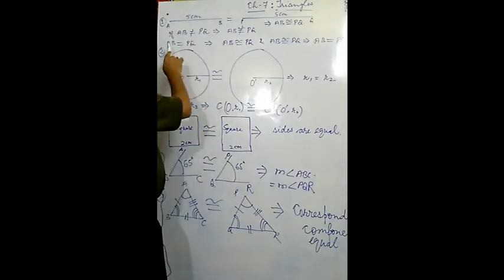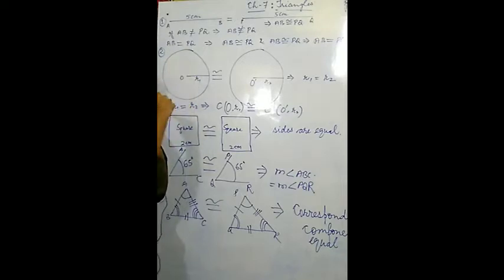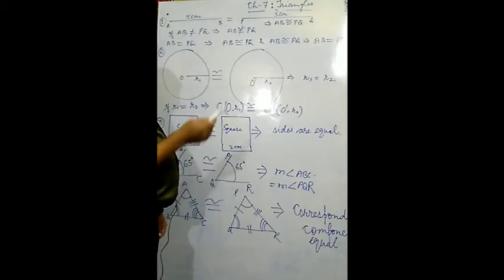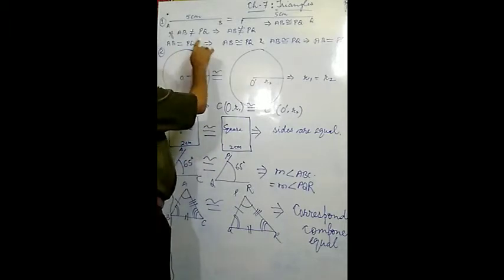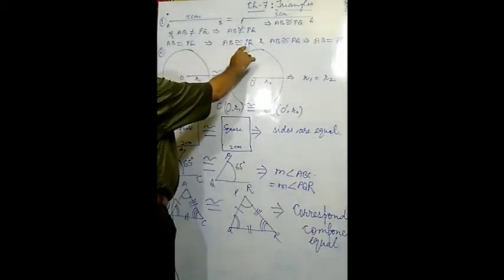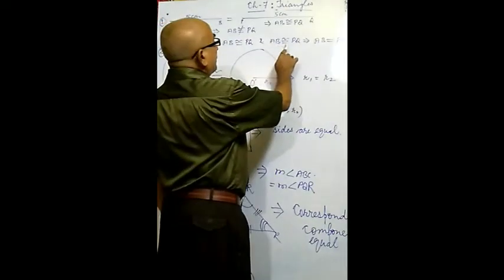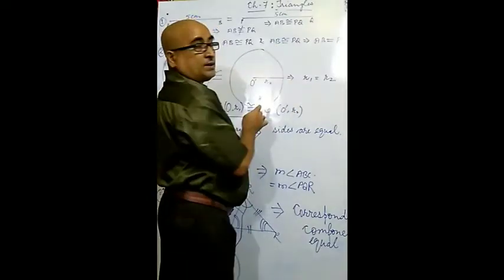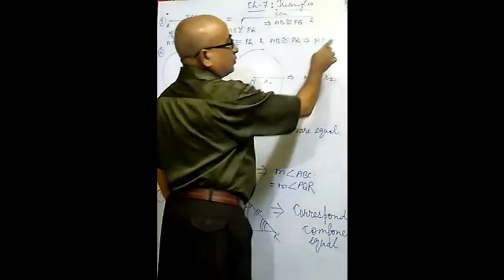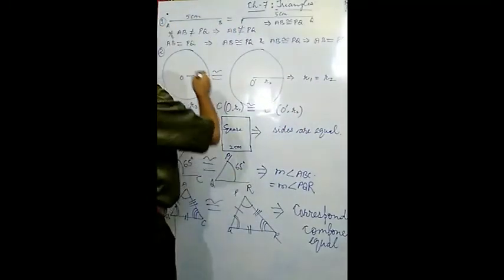Now follow the meaning. If AB equals PQ, what can be concluded? If AB equals PQ, this implies AB is congruent to PQ. If it is given in the question that AB is congruent to PQ, the meaning of this is AB equals PQ. Once again, follow this statement.